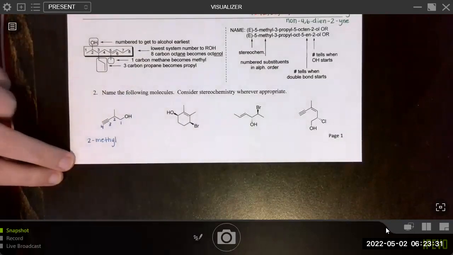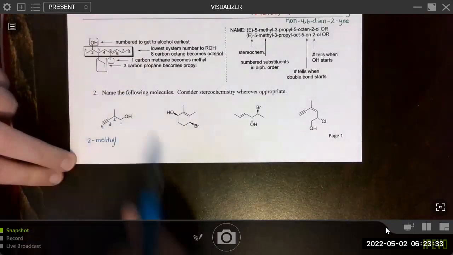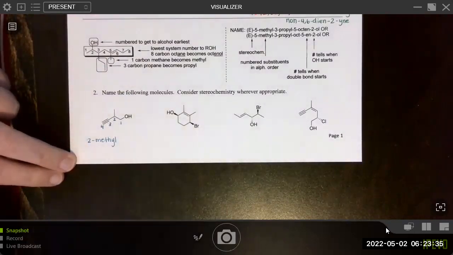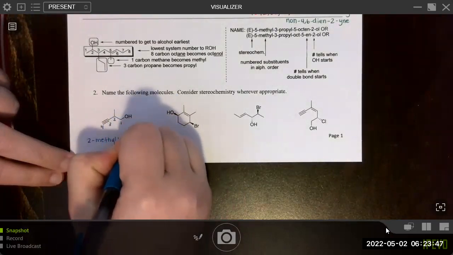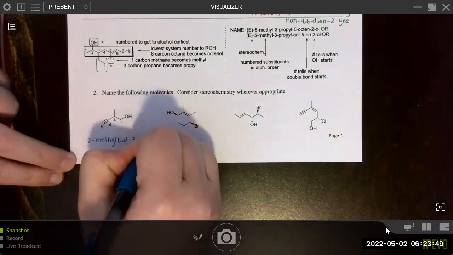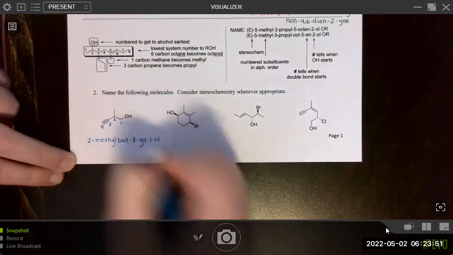But we also have both an alkyne and an alcohol. It's going to become an enol. The -ol has to come at the end because it is the group that has the highest priority. So 2-methyl, but, 3-yne, 1-ol.